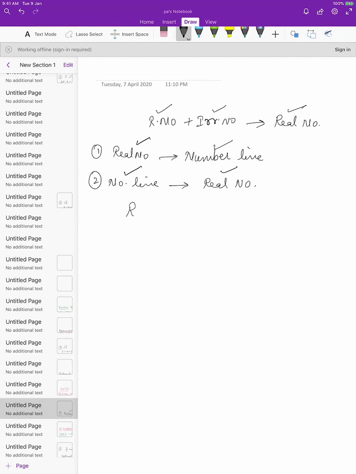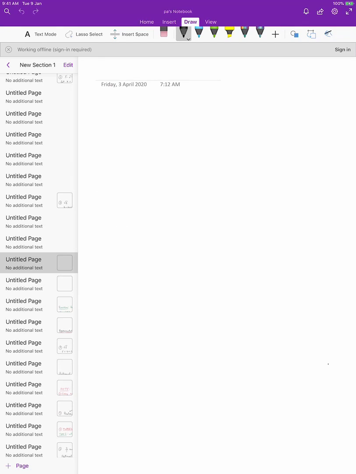So from now onwards the number line will be known as the real number line. That is the reason we call the number line a real number line, because every number on it is a real number.